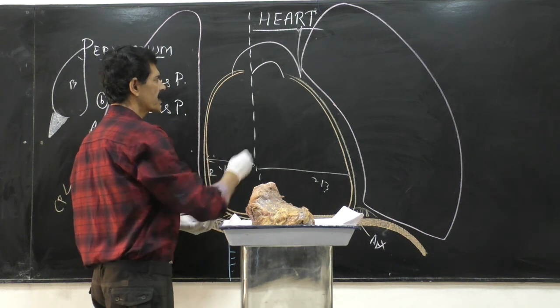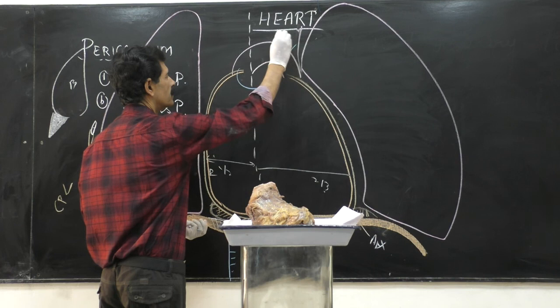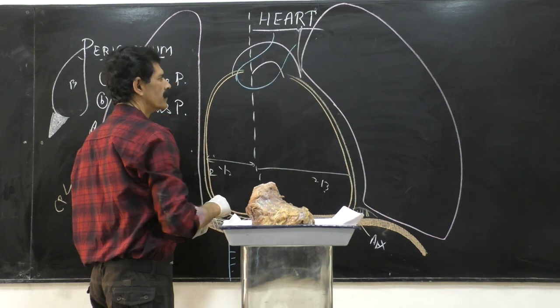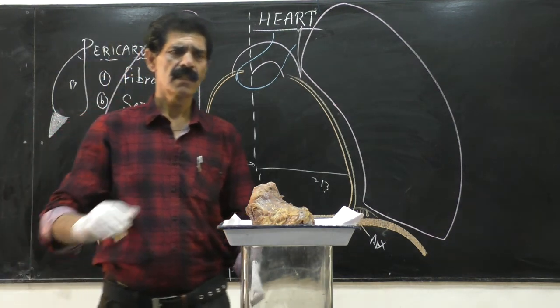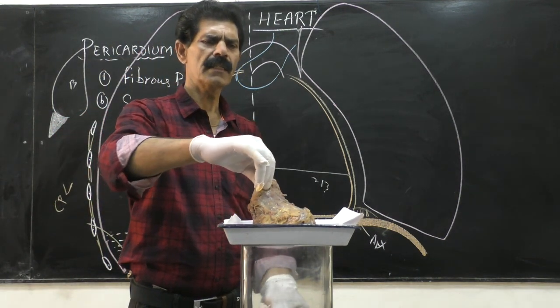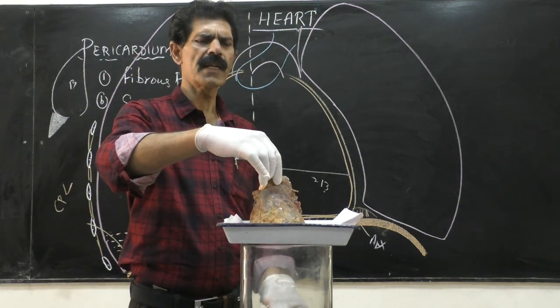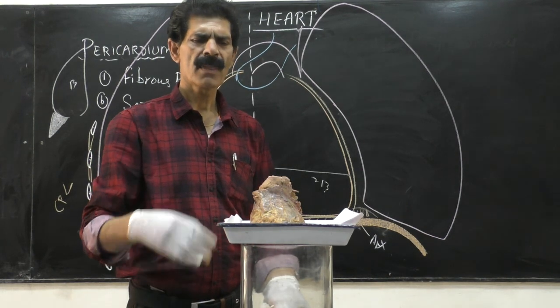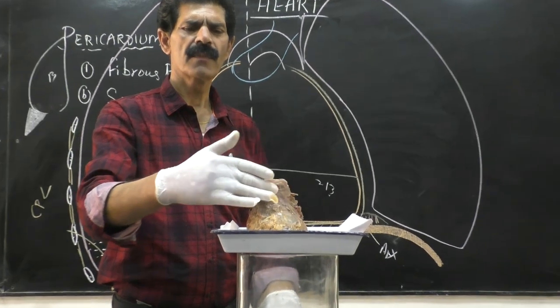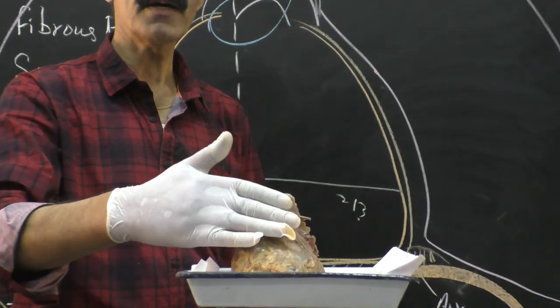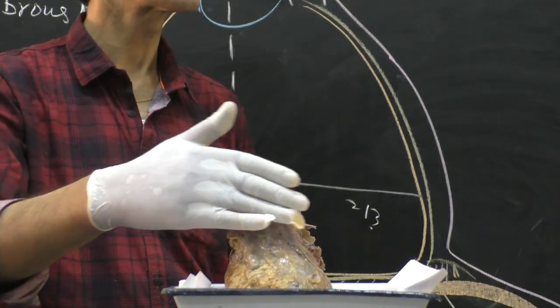And anterior to this lies the pulmonary trunk. So these are the great vessels lying in the upper part. That is the largest artery of the body, the aorta, and anterior to the aorta is the pulmonary trunk. So they are the large vessels. The fibrous pericardium comes and is fused with the large vessels.